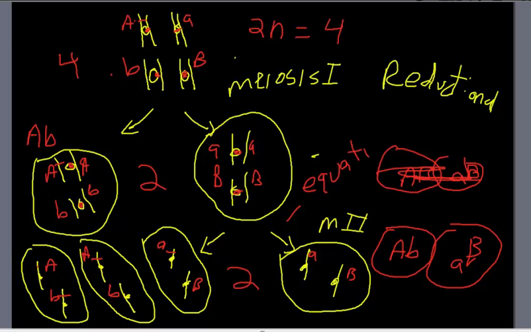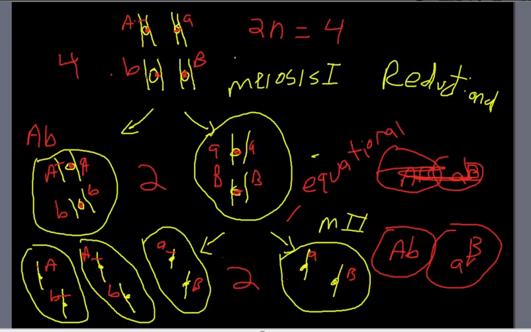And just like mitosis was equational, meiosis 2 is also equational, because we start out with 2 chromosomes and we get 2 chromosomes out of it. Even though it looks like there's more stuff up here than there is down here, this is 2 chromosomes with 2 chromatids each, and this is 2 chromosomes with 1 chromatid each.